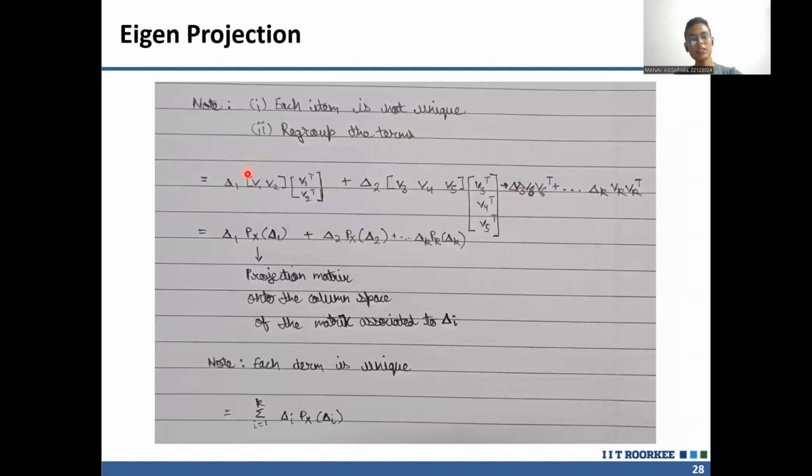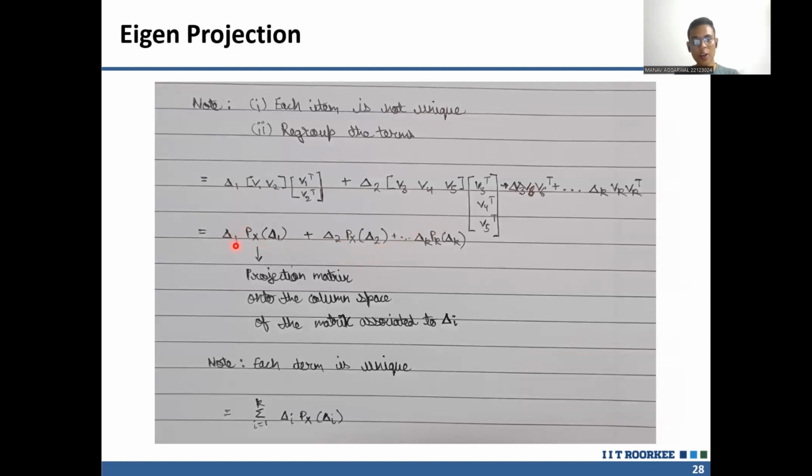What we'll do is let us assume that lambda 1 and lambda 2 were nothing but duplicate values of the same delta 1 value. So we can combine the eigenvectors of them to form this projection matrix corresponding to delta 1. Similarly, we can get the projection matrix corresponding to delta 2 if we consider lambda 1, lambda 2, lambda 3 being duplicate values of the very same eigenvalue, and so on for the k values of delta.